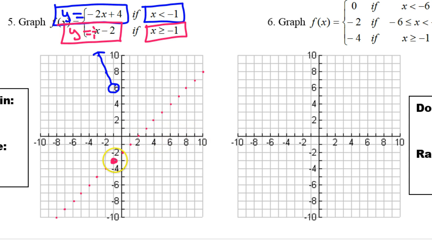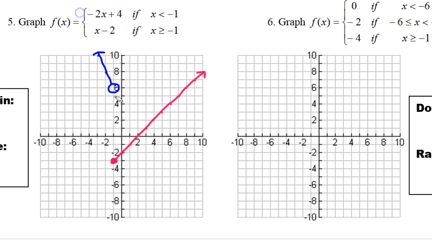So that's why we're going to draw this part of the line, because this is going to the right. And erase any extra dots that you have on the screen. So that is what this graph should look like, and that's how you would graph it without touching a calculator.